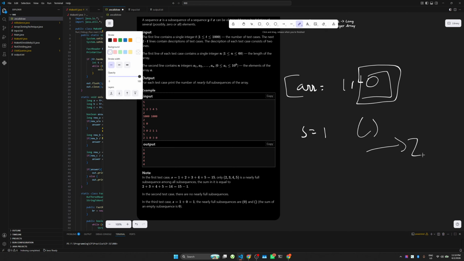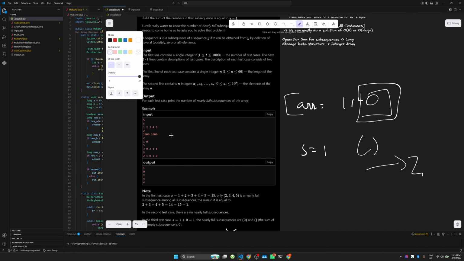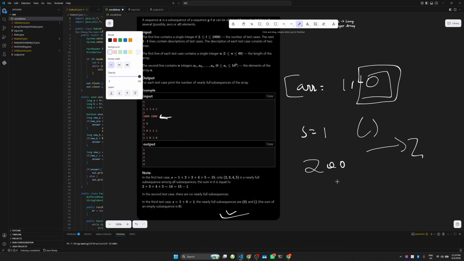So we got 2 as our answer, as provided here. So S minus 1 is 0 here. Whenever S minus 1 is 0, if we have zeros, then we have the number of zeros plus an empty. Only in this case will we count the empty subsequence. Otherwise, we'll let go of it.